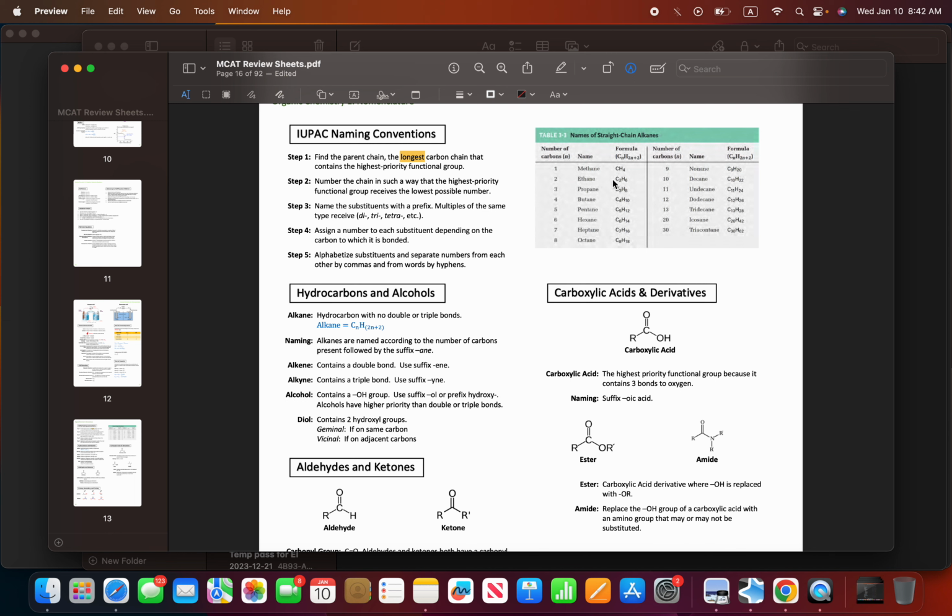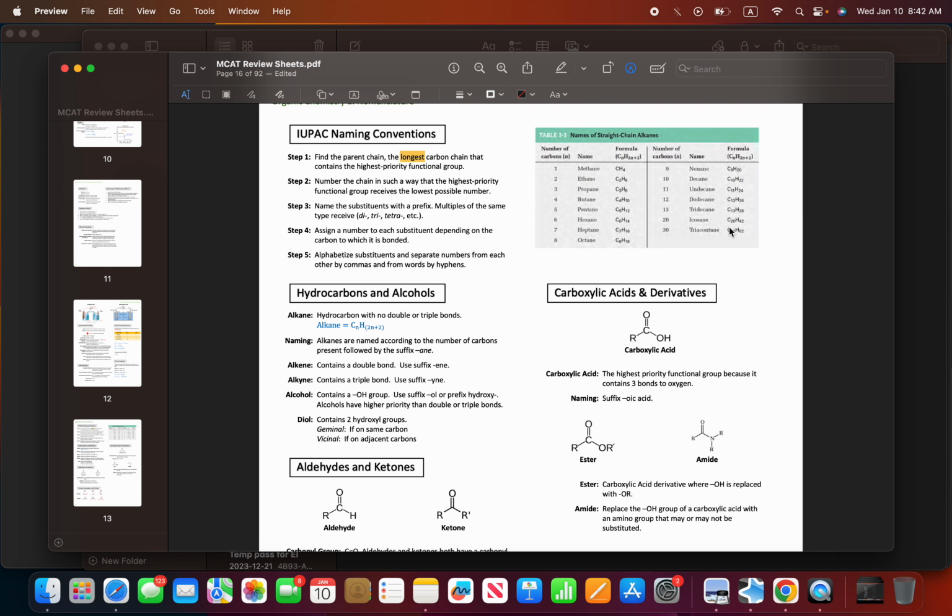We have methane, ethane, propane, butane, pentane, hexane, heptane, octane, nonane, decane, undecane, dodecane, tridecane.